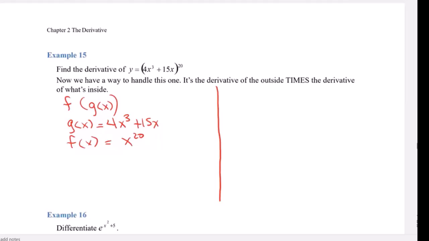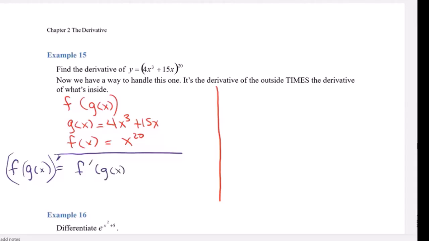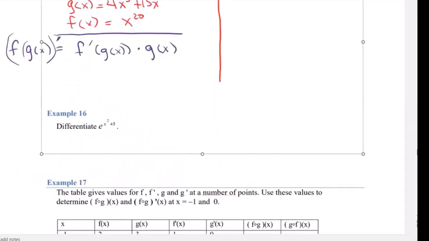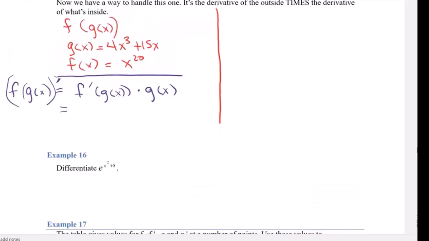Okay? So if I want to do this using the second method, I would say the derivative of this function is equal to f prime of g of x times g prime of x. Now, this is equal to, I've already pretty much got things here.